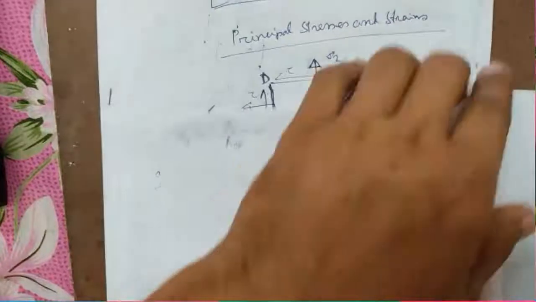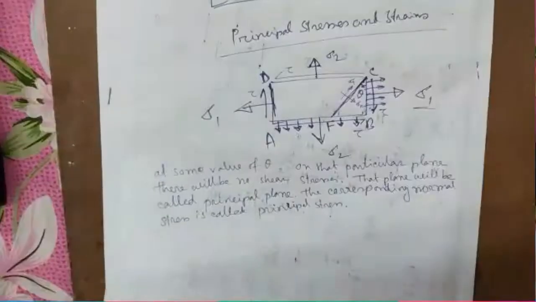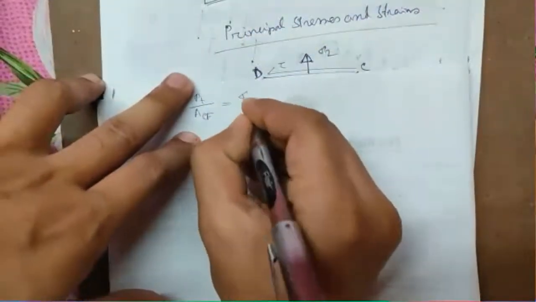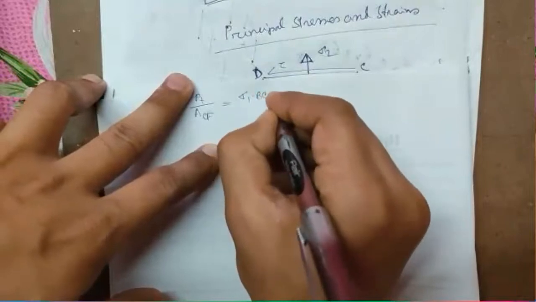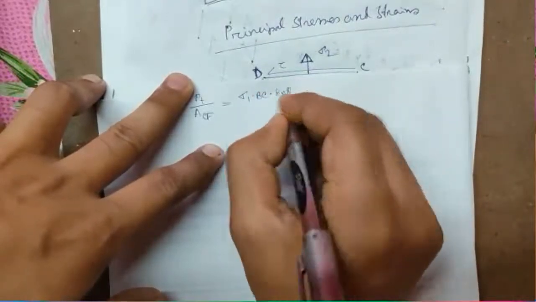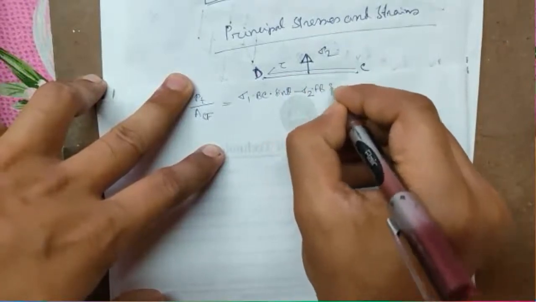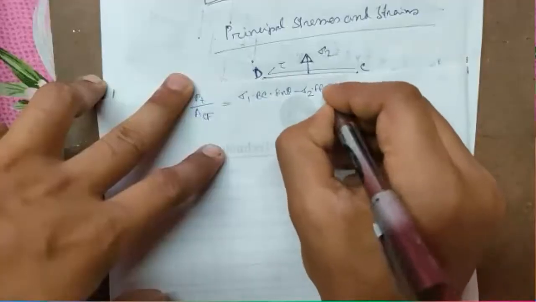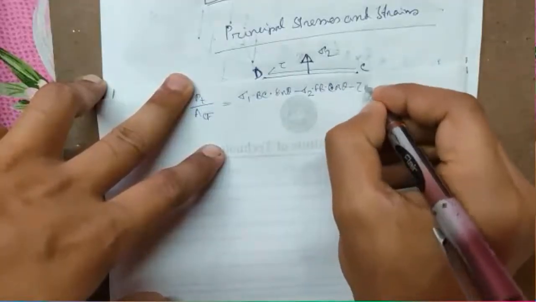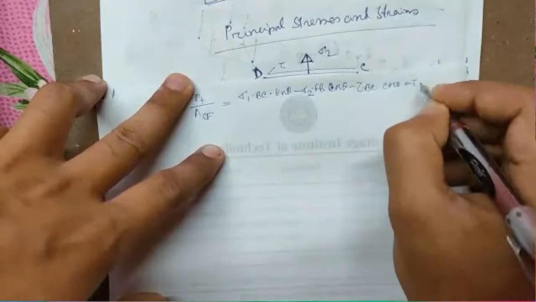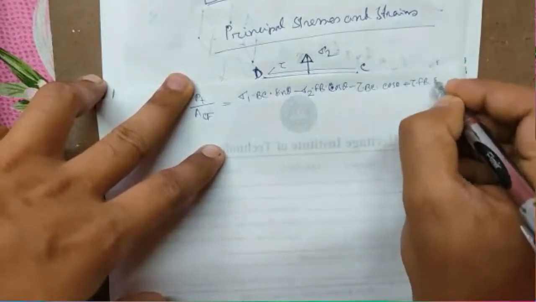So the value of Pt is sigma 1 into Bc into sin theta minus sigma 2 into Fb cos theta minus tau into Bc into cos theta plus tau into Fb into sin theta.